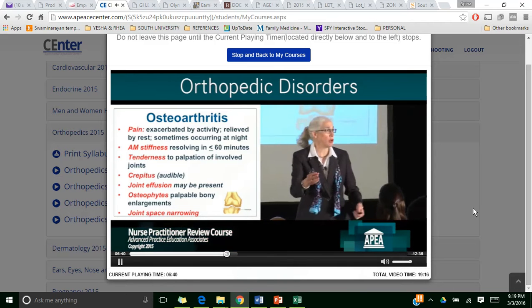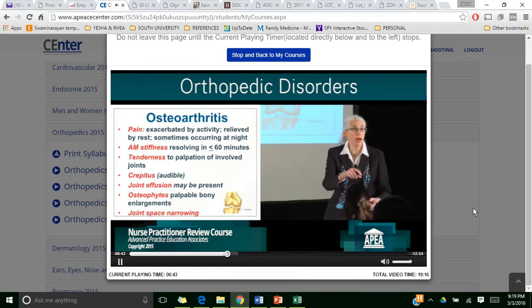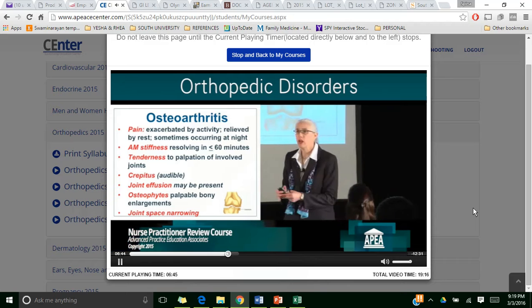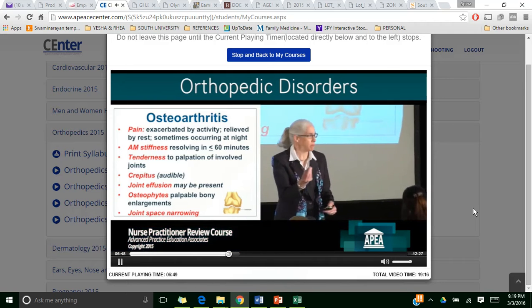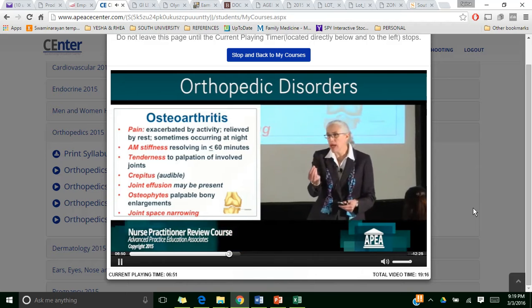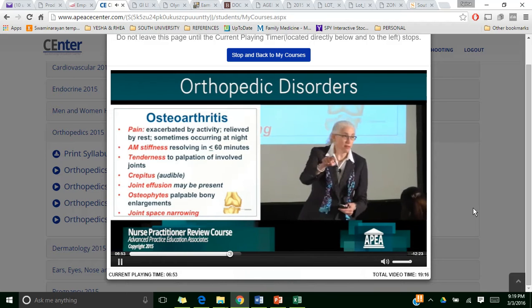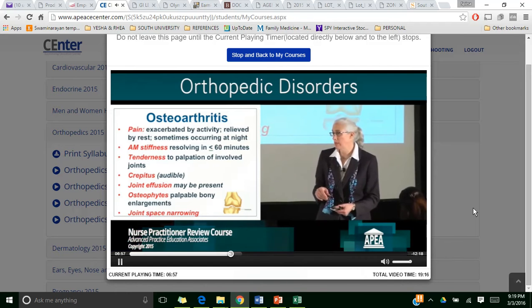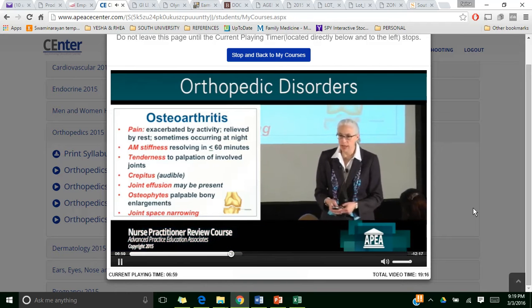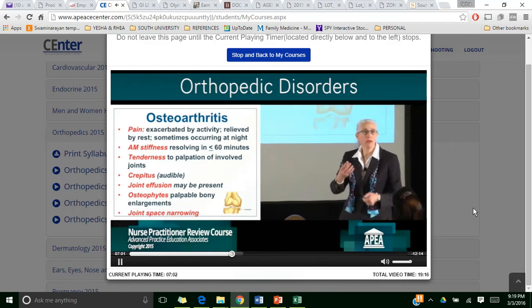When that calcium deposit or spur is in the lining or the cartilage of a joint, it will absolutely ravage the joint. So that finding of an osteophyte is not unusual. And then finally, we've already talked about joint space narrowing, which will be evident on an x-ray from wearing away of the cartilage.